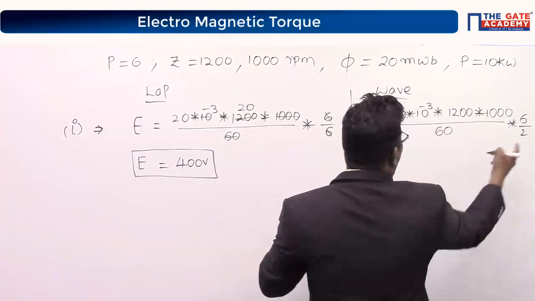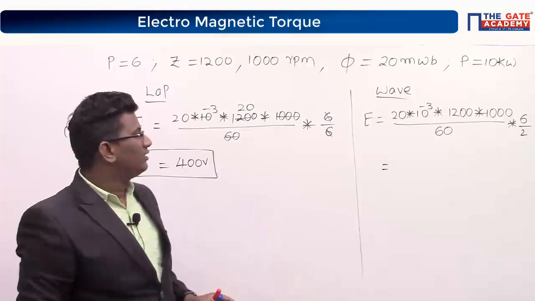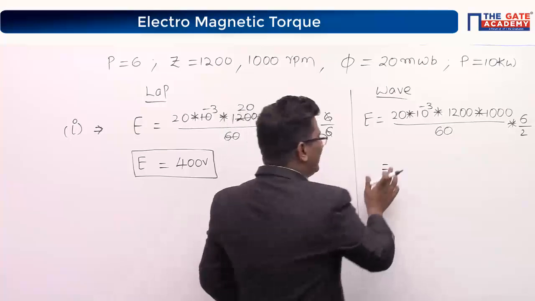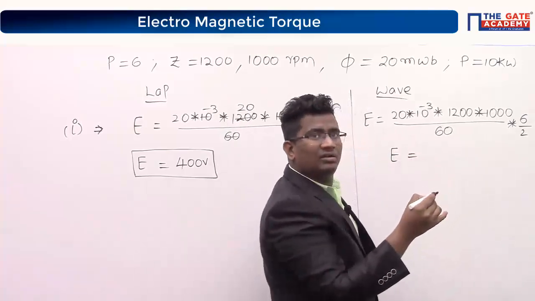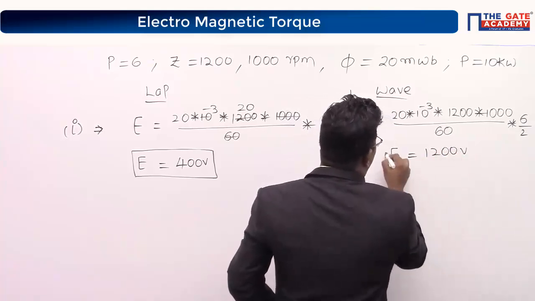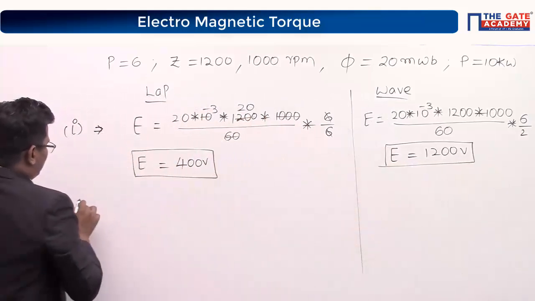Anyone tell me this answer, without using a calculator. Can I say E is equal to 400 into 3? 400 into 3 is nothing but 1200 volts. I hope this is clear, right? 1200 volts.